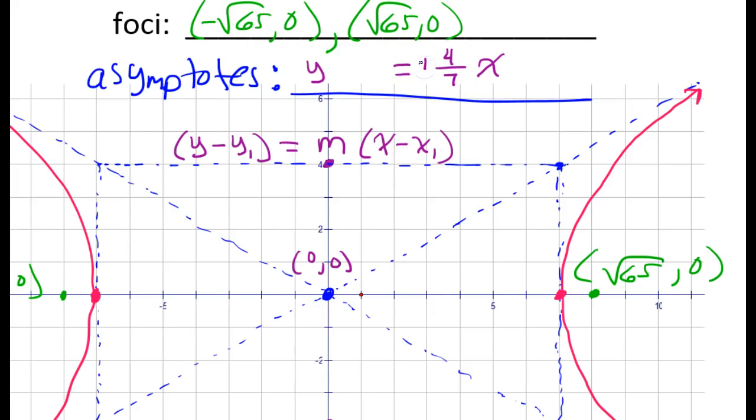So I can do a shortcut and represent both lines by putting plus and minus. So this means the equation of the upward sloping asymptote is y equals positive 4 over 7x, while the equation of the downward sloping asymptote is y equals negative 4 over 7x. So just put plus or minus and you've got them both.